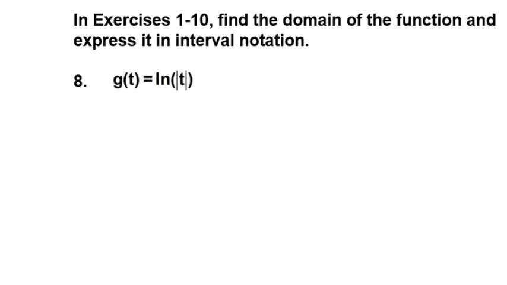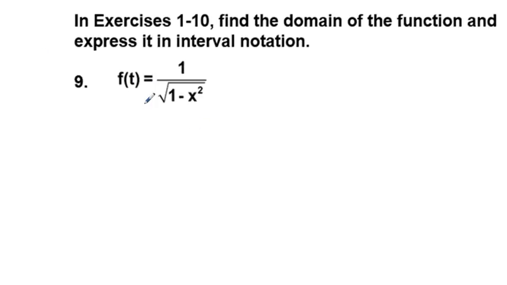Problem number 9. We have f of t equals 1 over the square root of 1 minus x squared. Should probably be f of x. But anyway, notation aside, we know that you cannot divide by 0, right?